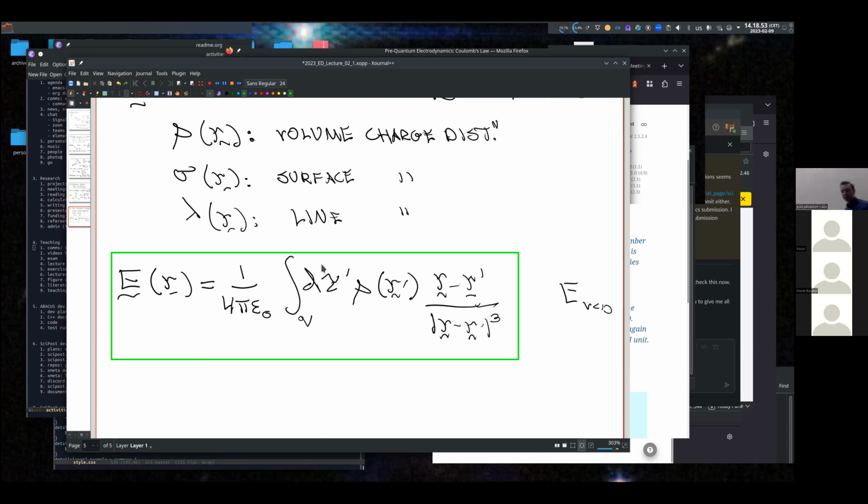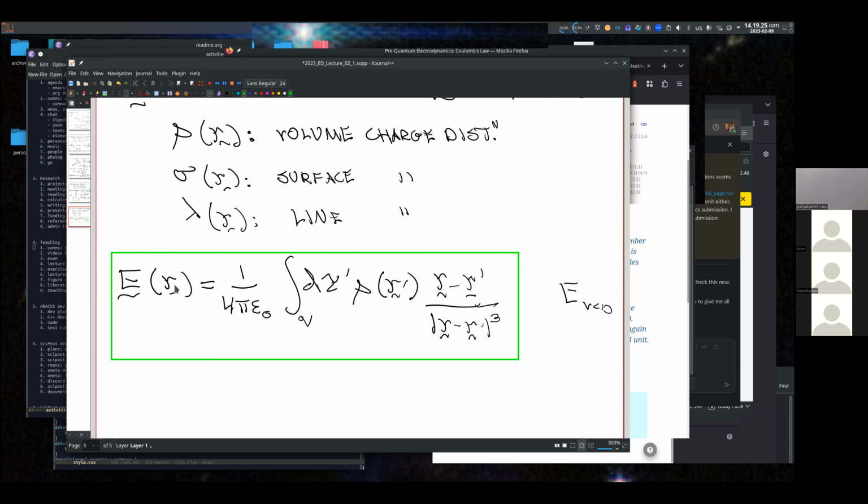D tau is the differential volume element in your chosen coordinate system. Okay, so I'm not writing what it is, but if you're using Cartesian, it's dx prime, dy prime, dz prime, where x prime, y prime, z prime is the position of your source. Okay, so R here you could view as x, y, z. That's the position where you're measuring the field.